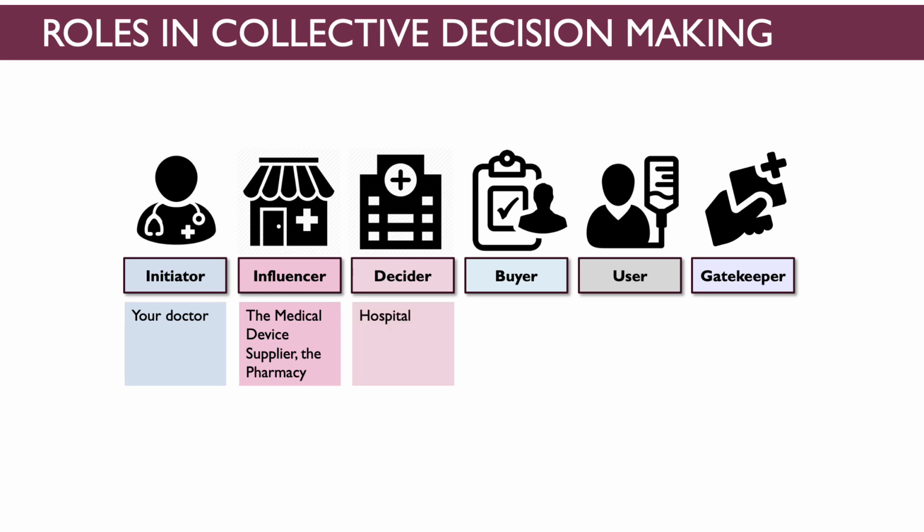The decider is the hospital, because the hospital is going to buy the product as an asset to the hospital. The buyer is the hospital's material manager or buying manager.